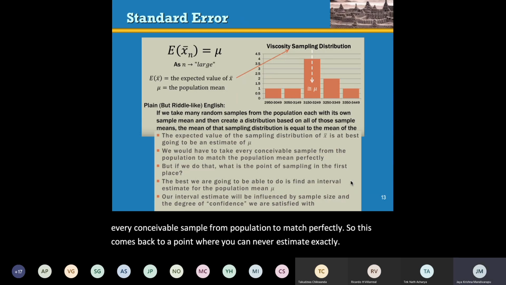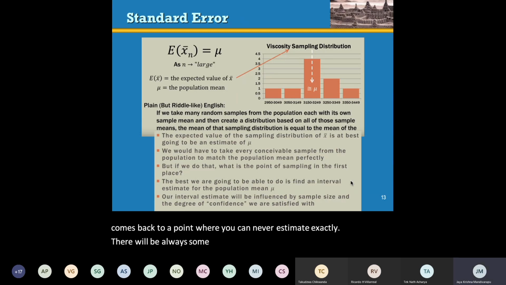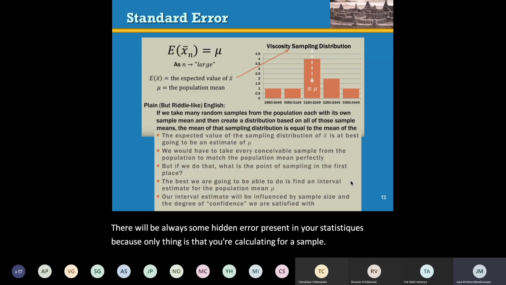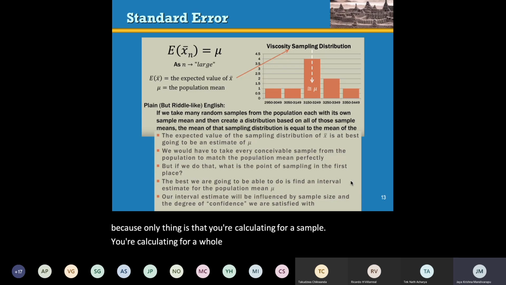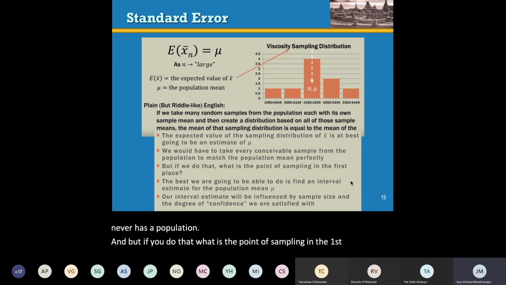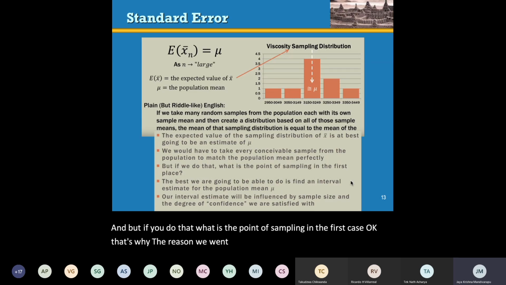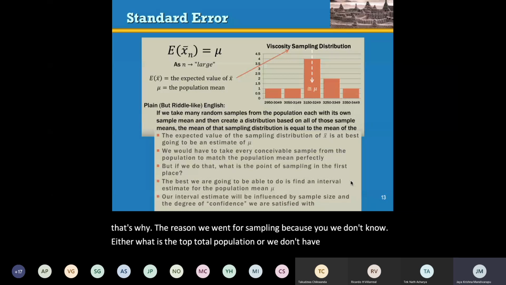There will always be some hidden error in your statistics, because you are calculating for a whole population but using samples, and you never have the population. But if you had the population, what would be the point of sampling in the first place? That's why we went for sampling: we either don't know the total population, or we don't have enough resources to do it for the whole population.